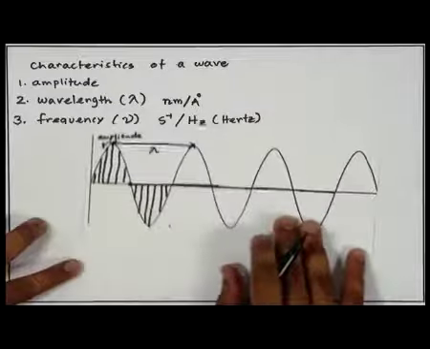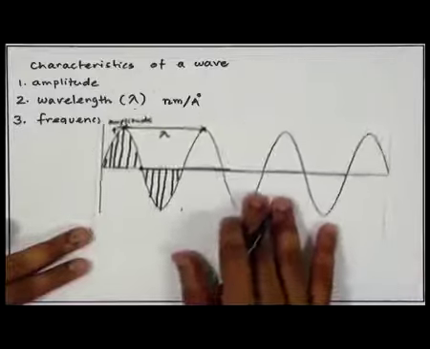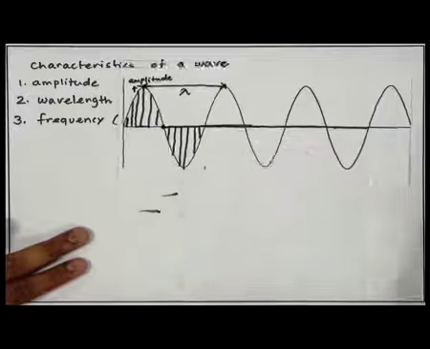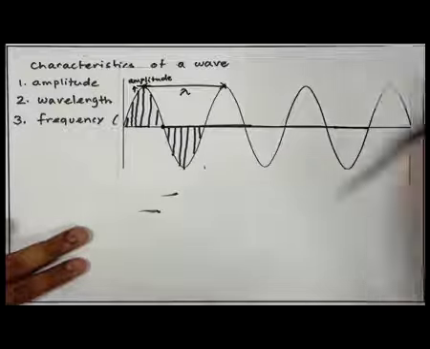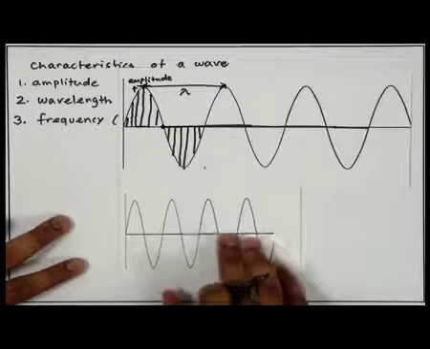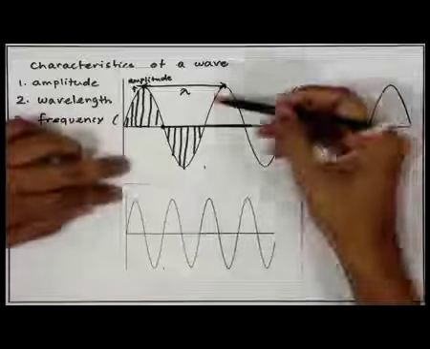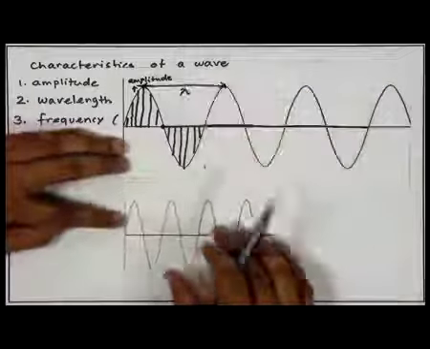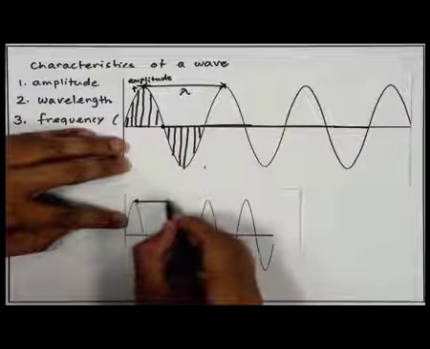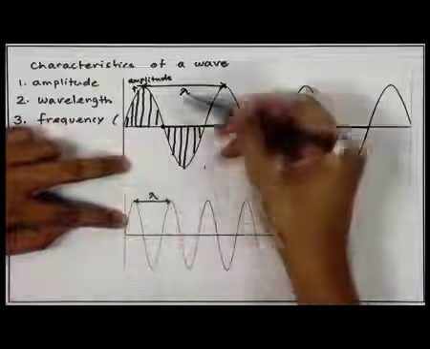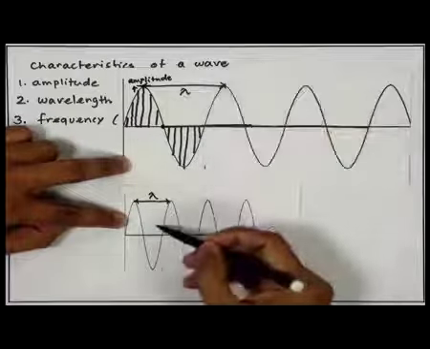Okay. I see that this is my wave. I will show you another wave. Look here. What is the difference that you see? This wave has this wavelength and this wave has got another wavelength. If you compare, obviously this wavelength is greater than this wavelength.